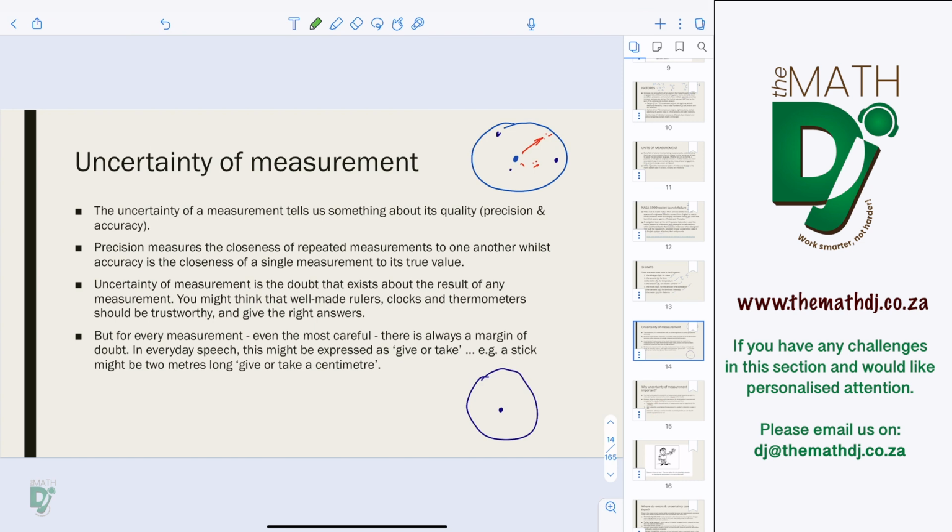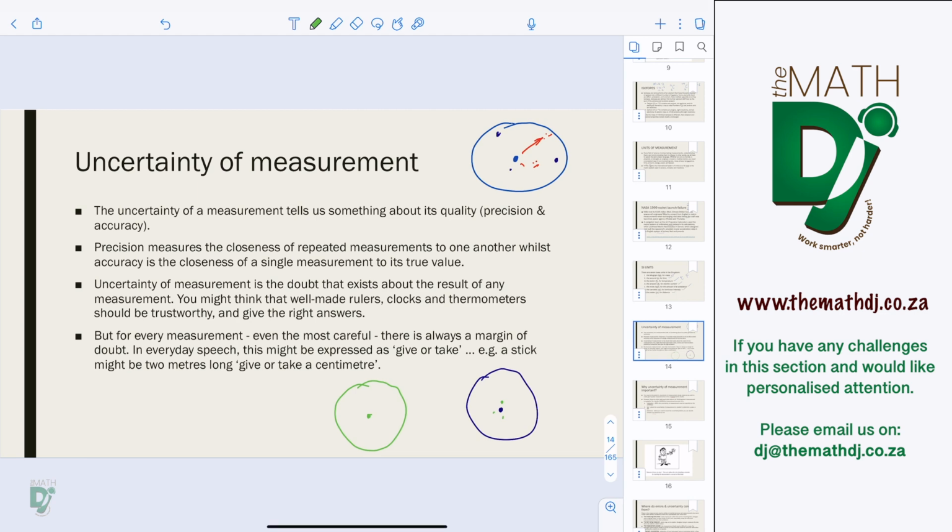One dot is here, one dot is here, one dot is here. We can say you are accurate because your dots are close to the bullseye, the true value that you are supposed to get, but you are not precise because the dots are not close to each other, which means each time you are aiming at a different position. But let me give another one.